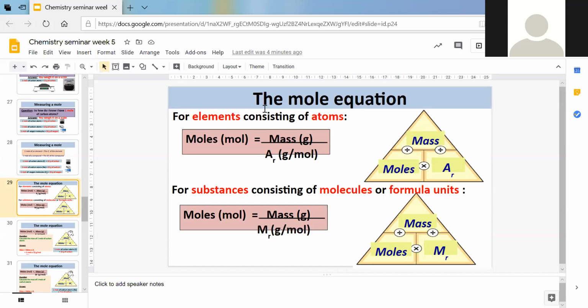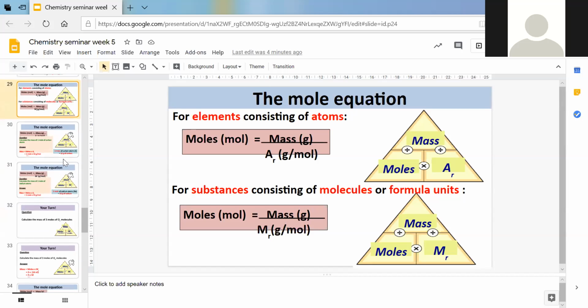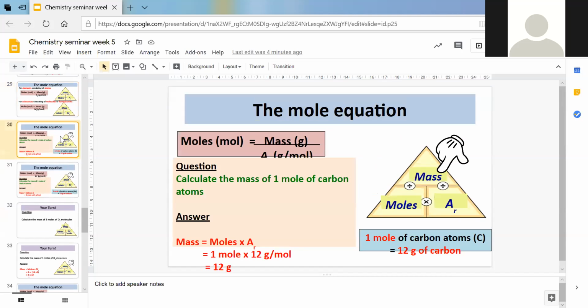Again, I'll put in more detail in the videos. So, a substance consisting of molecules, we won't worry about, we'll just look at this one. So, calculate the mass of 1 mole of carbon atoms.